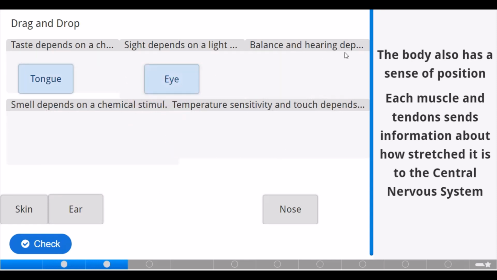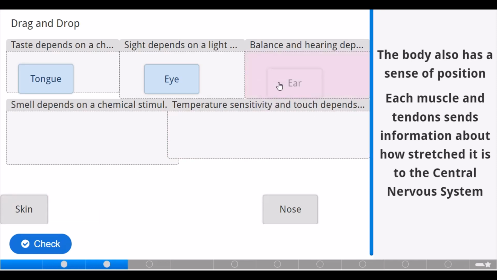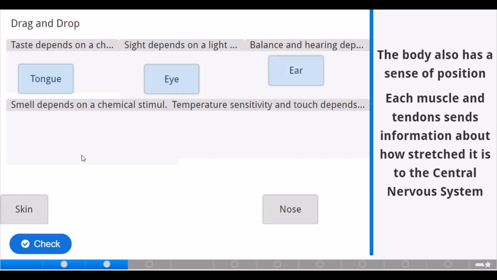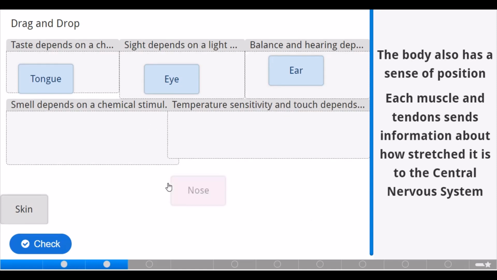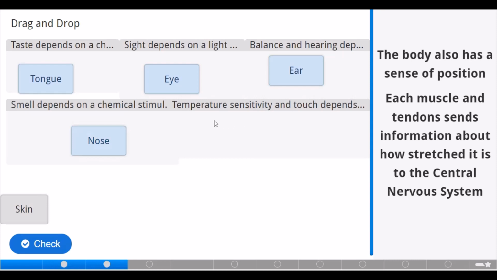Then I have balance and hearing depends on the ear. Smell depends on chemical stimulation by the nose. This is detected by the nose. And then temperature sensitivity and touch depends on the skin stimulation.